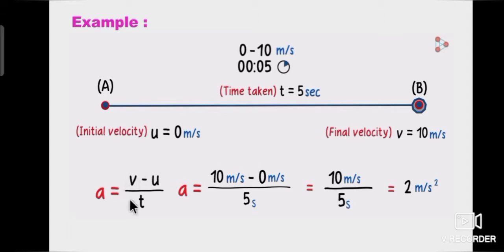So acceleration is equal to v minus u divided by t, that is final velocity minus initial velocity divided by time. So 10 meter per second minus 0 meter per second divided by 5 seconds. The answer is 2 meter per second square. Acceleration is 2 meter per second square.